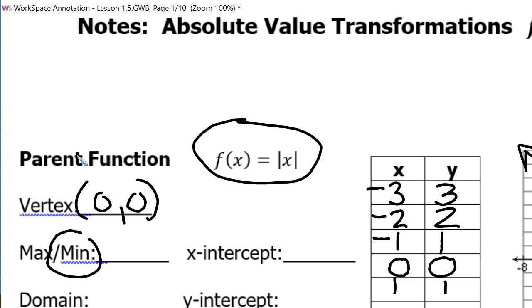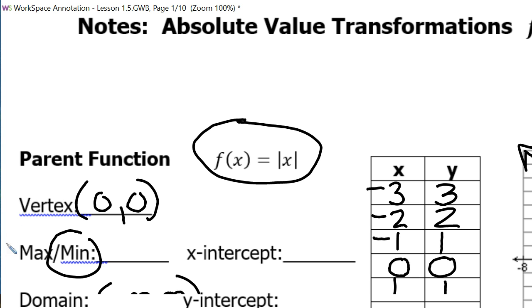And yesterday we learned that the domain for all of these absolute value functions is always what? Negative infinity to positive infinity. And we can't touch infinity, so both of them get parentheses. Range. What does range mean? The y value.